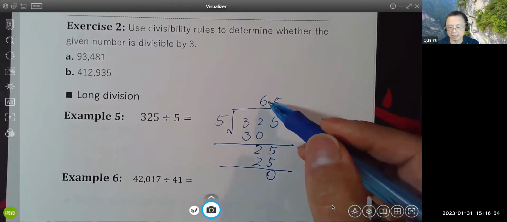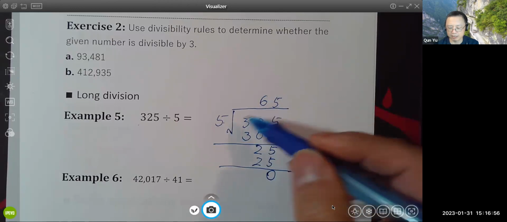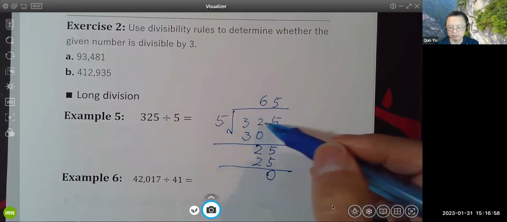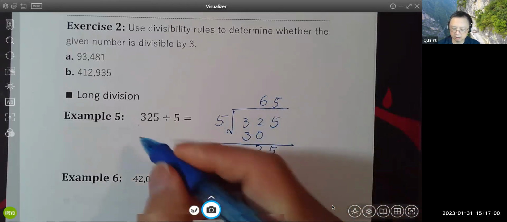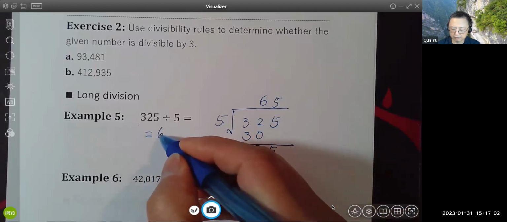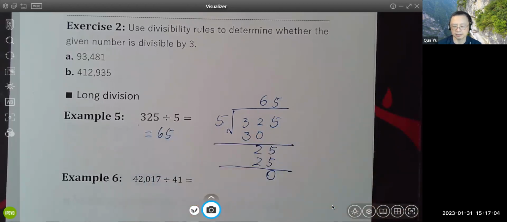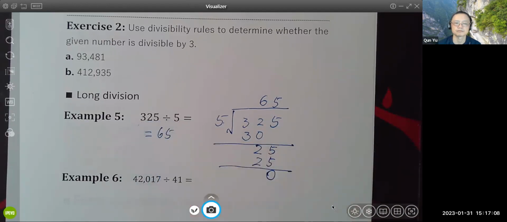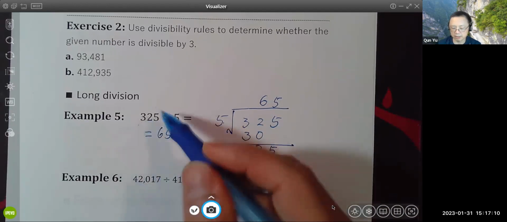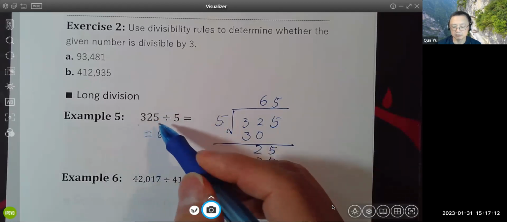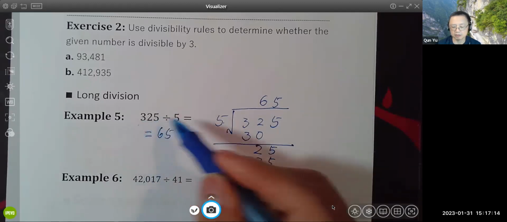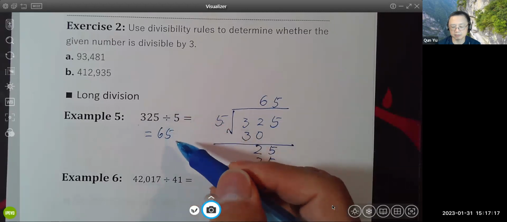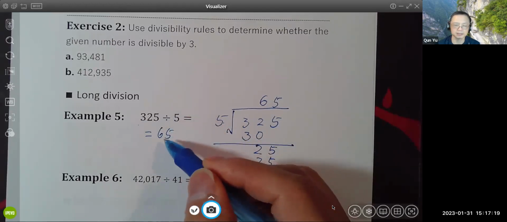So there are exactly 65 5s in 325. So this equals 65. Or you can also interpret it as, if you divide 325 into 5 equal parts, then each part has an amount of 65.